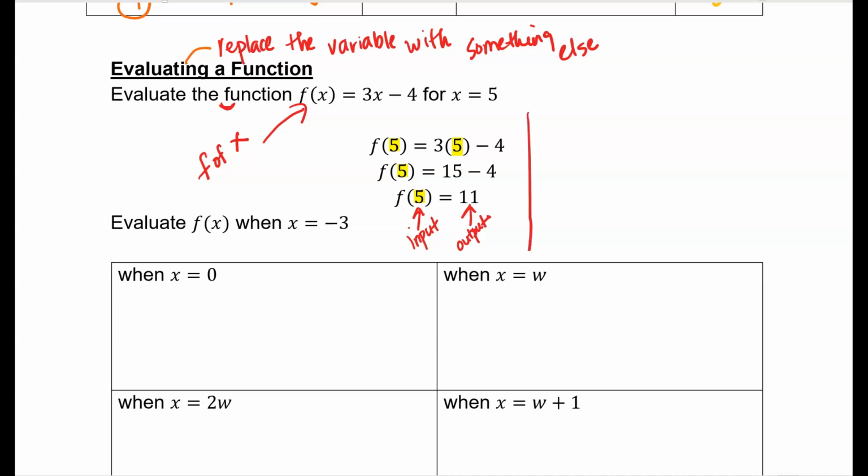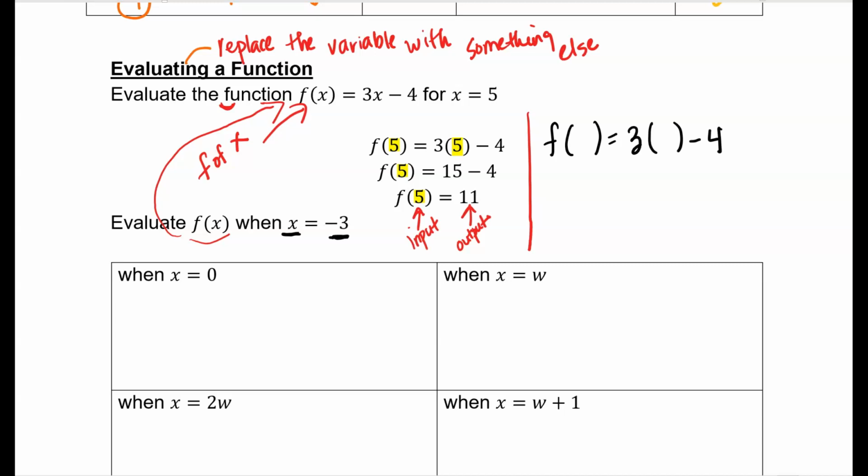So now let's try evaluating f of x, the same function, when x equals negative 3. So we have f of something equals 3 times something minus 4. So again, we are replacing the x with something else.